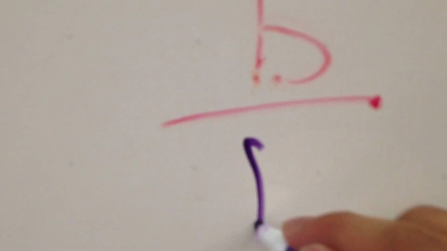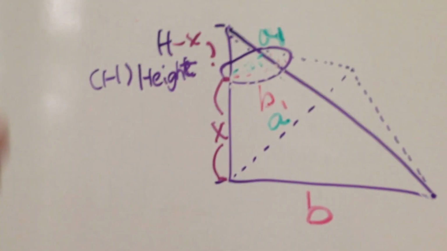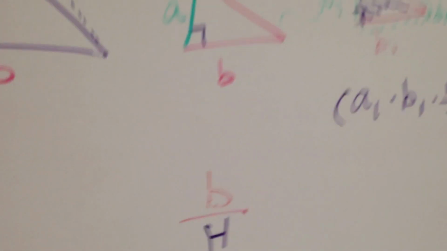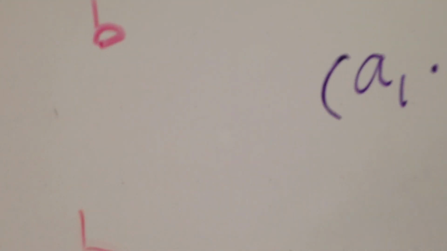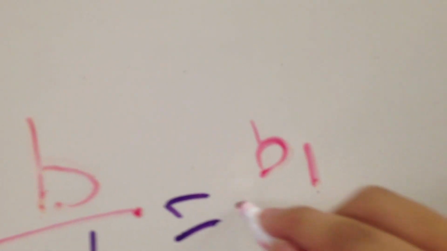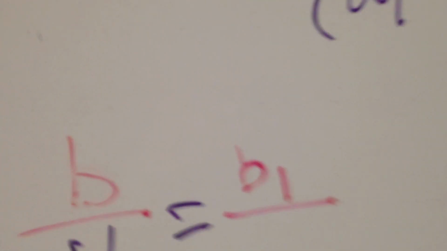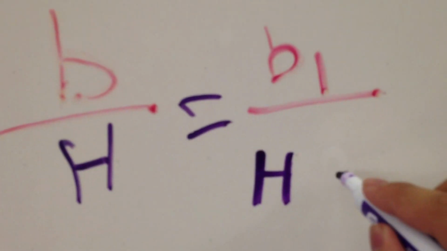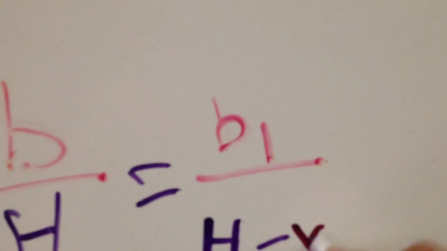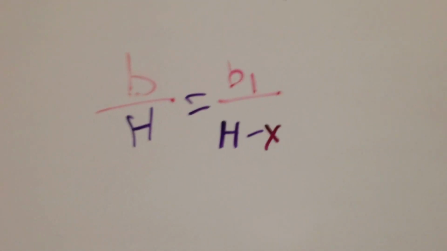B divided by H. B divided by H. It's the same ratio as what? As B1 divided by H minus X, right? Yes. So it's the same thing as B1 divided by H minus X. Right? This is legit, right?